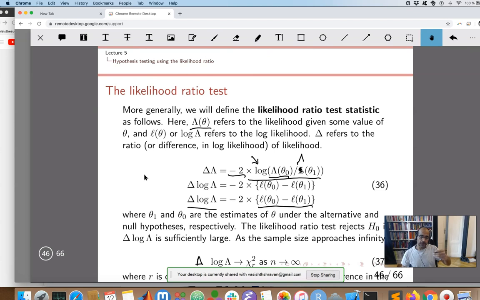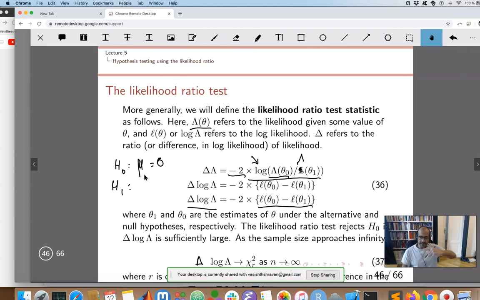something called the degrees of freedom. The degrees of freedom in this case refers to the difference in the number of parameters between the two models. So if I have a null model where I have one parameter less than the other model, right? Let's say my null hypothesis is that mu is 0. I have one parameter less, but in my alternative model I have one extra parameter.